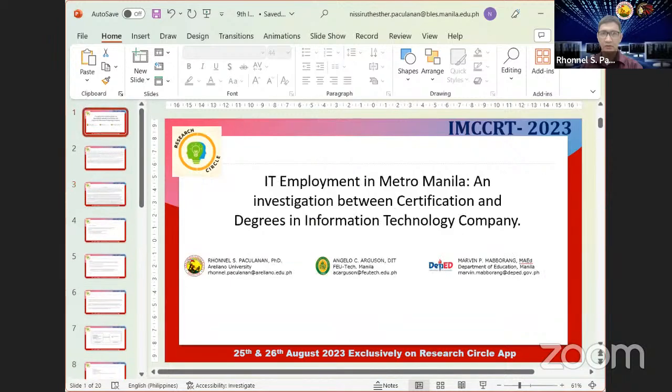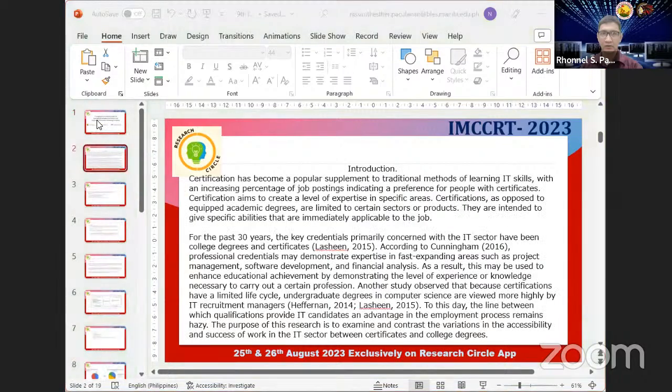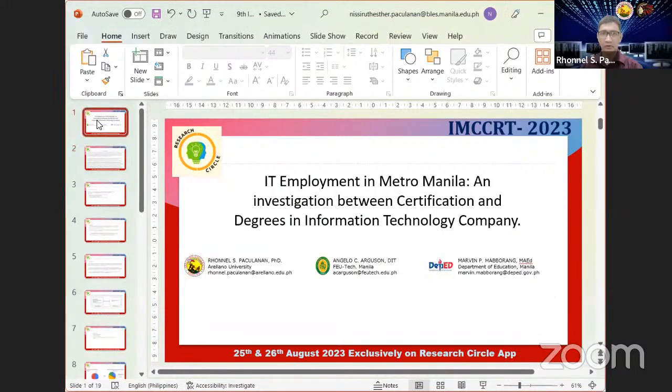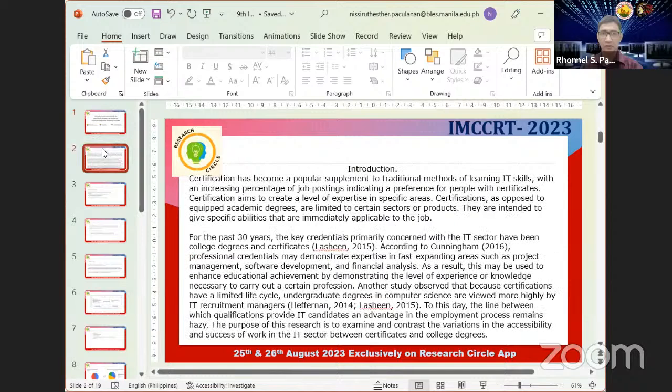A while ago, it was mentioned that my topic is all about IT employment in Metro Manila, an investigation between certification and degree in information technology company. As part of the introduction, certification has become a popular supplement to traditional methods of learning IT skills, with an increasing percentage of job postings indicating a preference for people with certification.